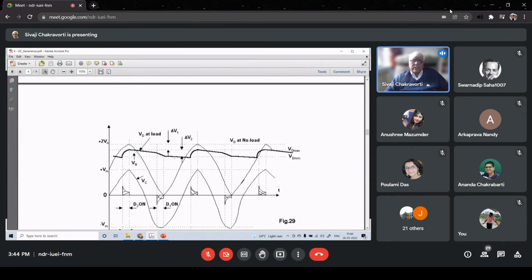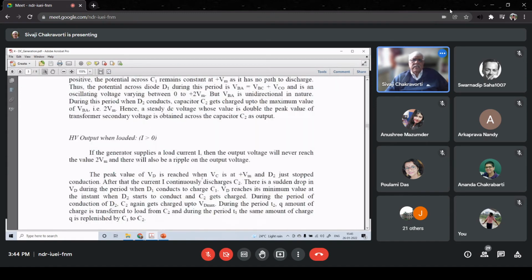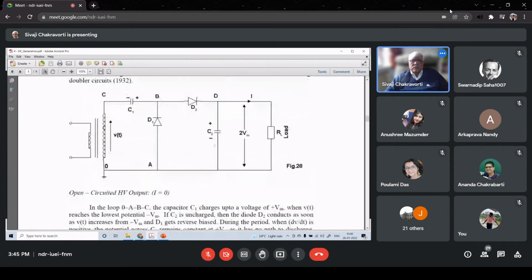And then again, you get a relatively lower slope, and it goes on. And then in the next half cycle, there is a point which I have already discussed, that the potential of B becomes higher than D because C2 has discharged. So C2 will again get charged.